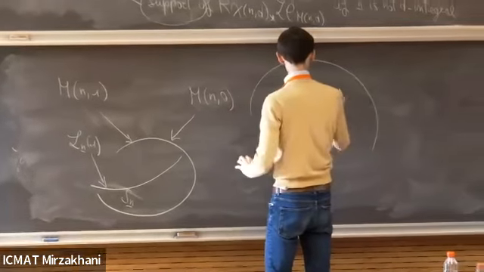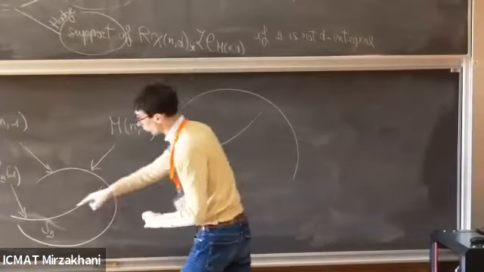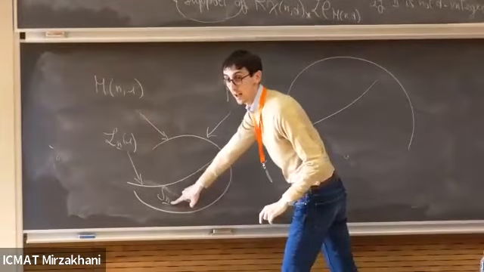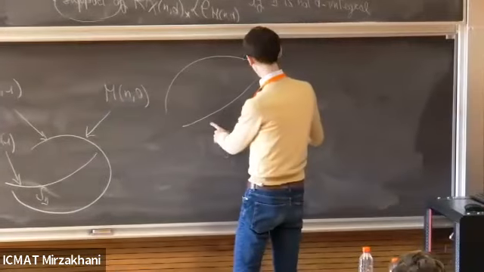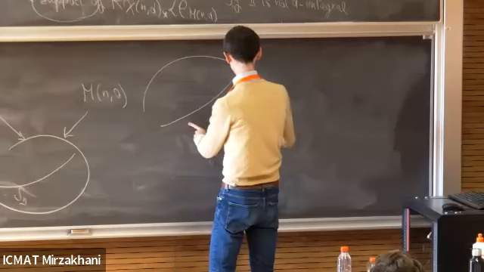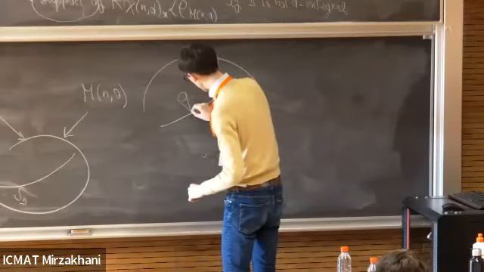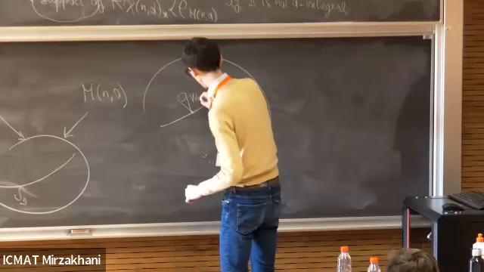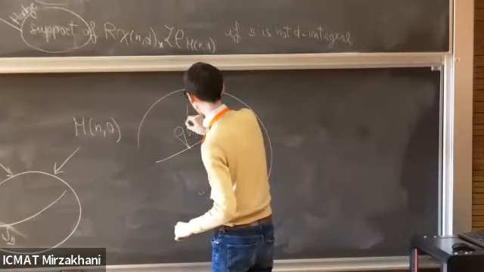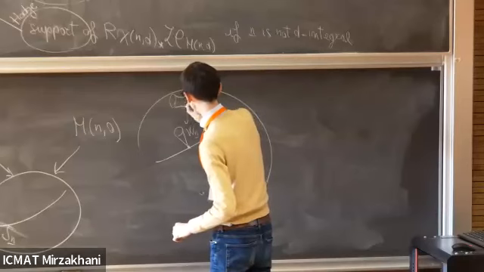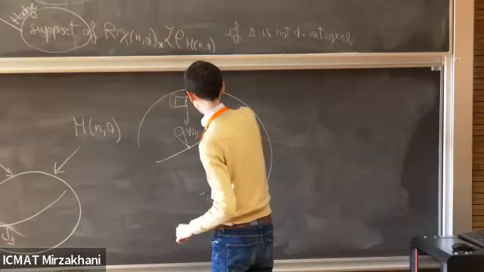In which way? For each partition here, I have a singular stratum here, M_n^0. And here I have some singularity in the normal direction. I take a symplectic resolution of these. Let me call this W_n tilde.